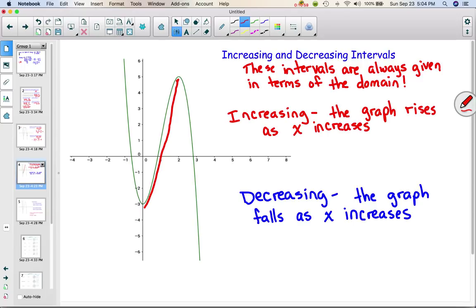Now, we're always reporting increasing intervals in terms of the values of x. So think about where we started. We started right here at 0, and we are stopping at about 2. So from x equals 0 to x equals 2, our interval is increasing.